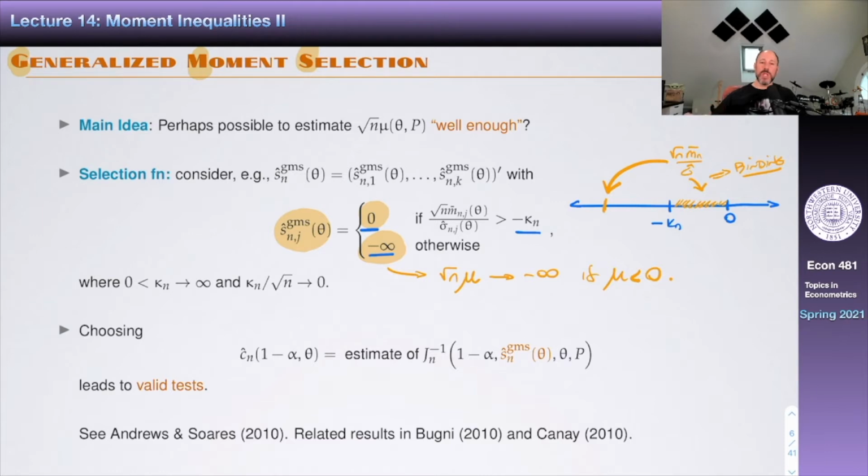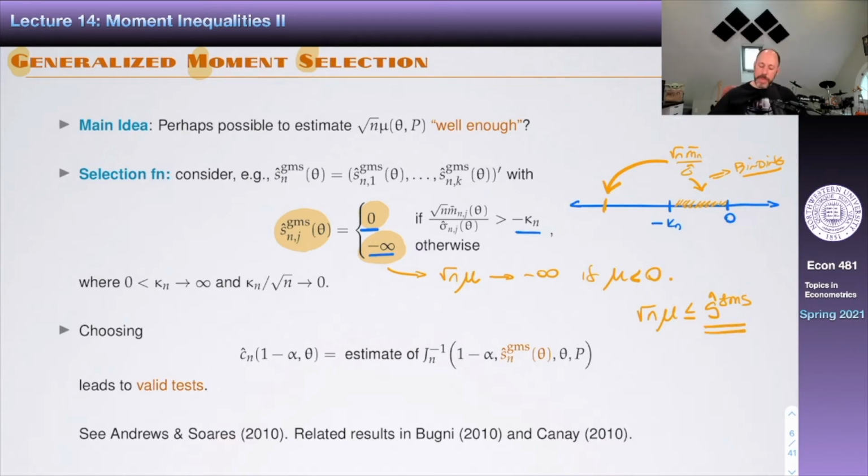So we don't need to show that this is giving us square root n mu, which we know it's not going to give us. What we want is, in some sense, to guarantee that square root n mu is less than or equal to S hat GMS. We want this to be a valid upper bound. And we're going to go over that.